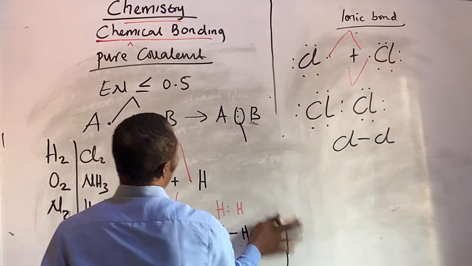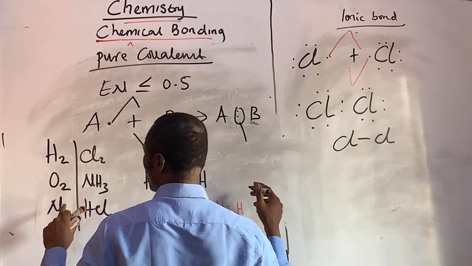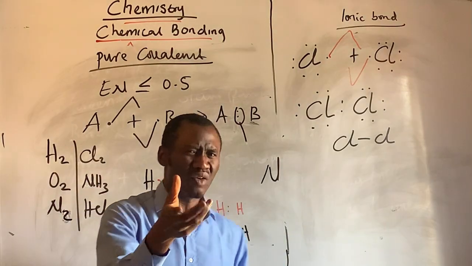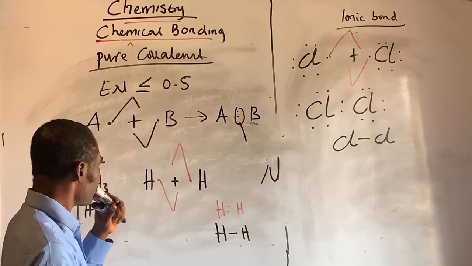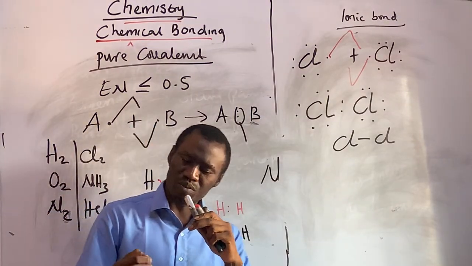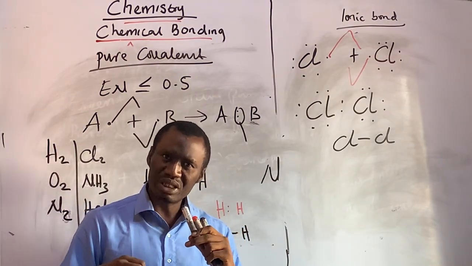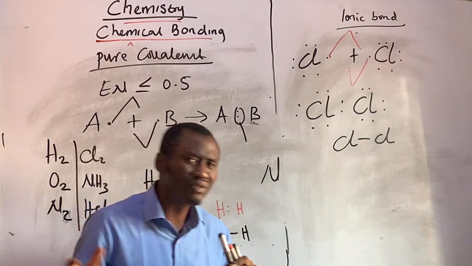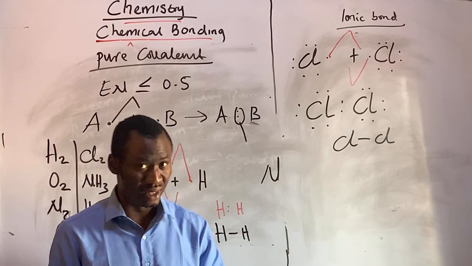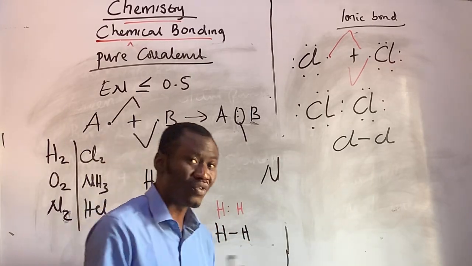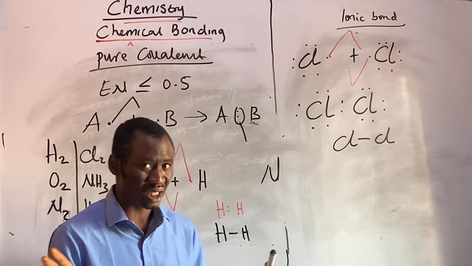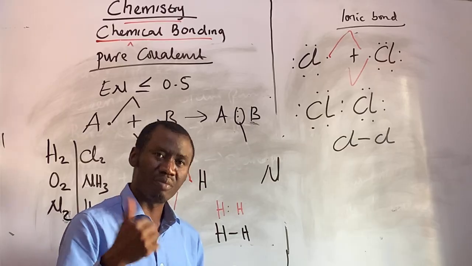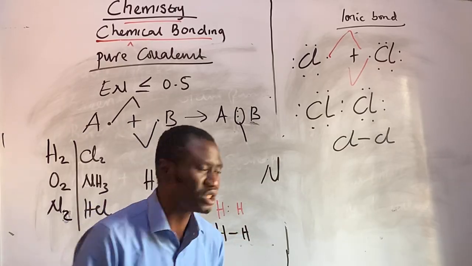All right, let's do the one for nitrogen. I think that might be the last one we do. What I want to do for nitrogen is, you'll see towards the end of the video. Nitrogen is atomic number 7. In case you don't know the first 30 elements, we have a video on that. Check that out later: how to name the first 30 elements without checking your textbook. Nitrogen is 7.